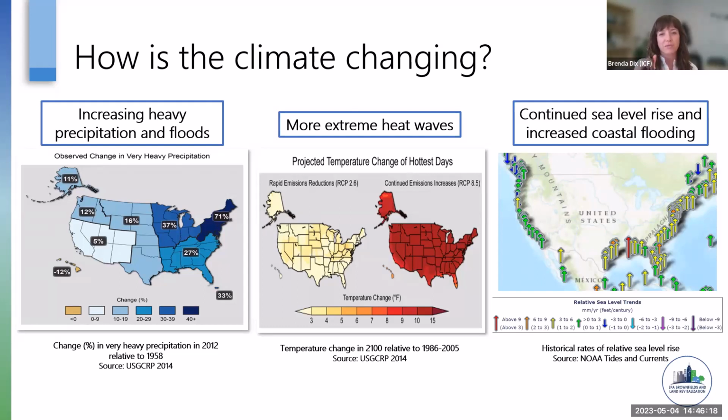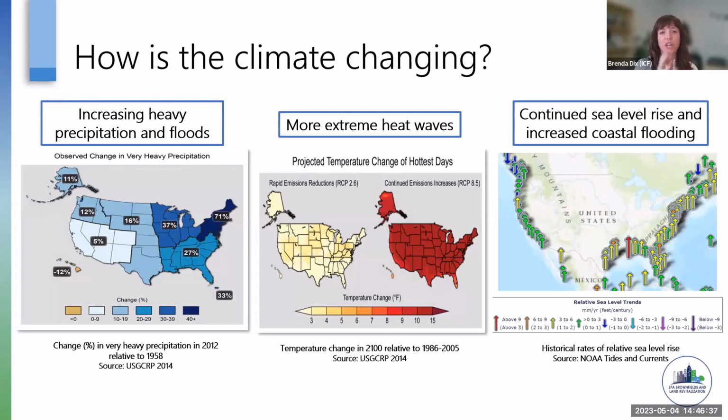The worst case on the right there, you could be seeing 15 plus degrees hotter on the hottest days. And extreme heat is the number one climate related cause of deaths in the United States and throughout the world. So they call it the silent killer. It is a major problem.